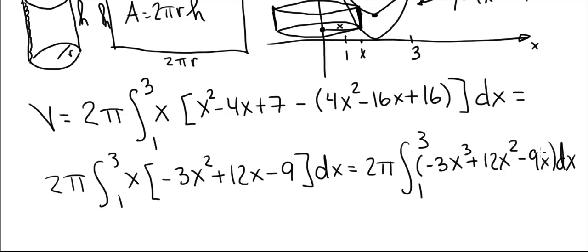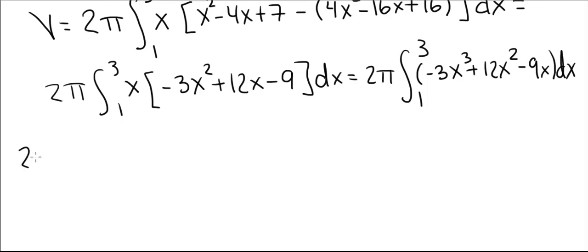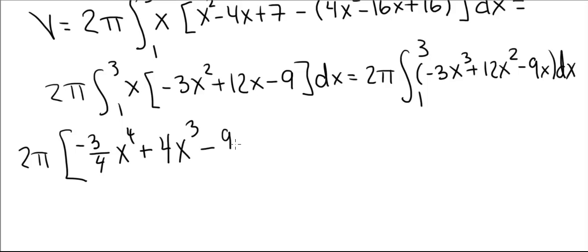Well, this is a very easy integral to evaluate. It's just a matter of plugging in the numbers. So this is 2 pi times, the antiderivative is going to be minus 3 over 4 x to the 4th plus 12 over 3, which is 4, so 4x cubed, minus 9/2 x squared. All this is evaluated from 1 to 3.